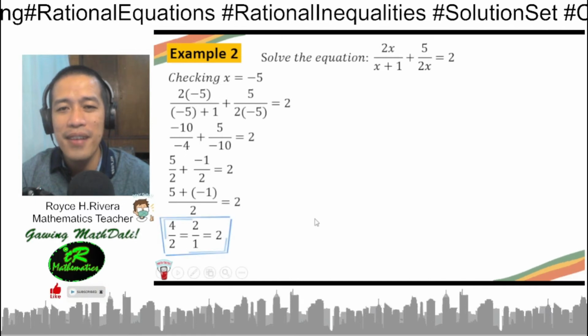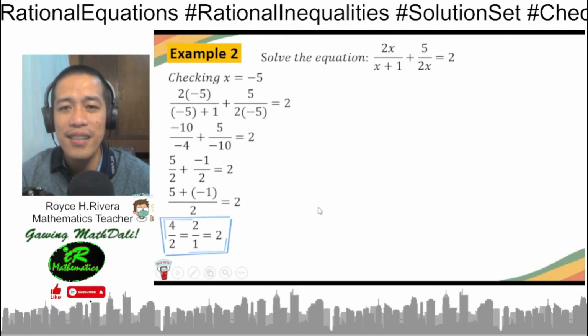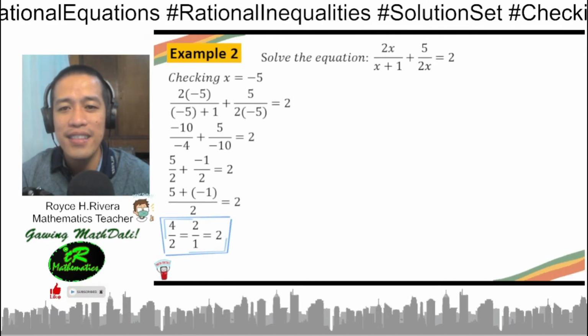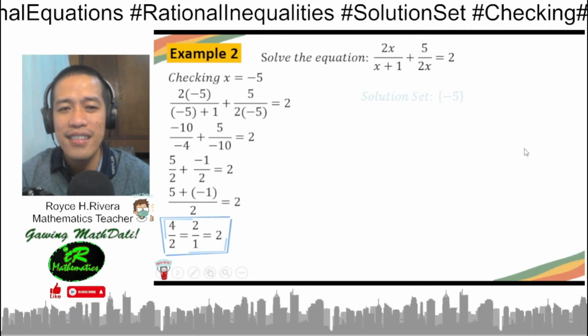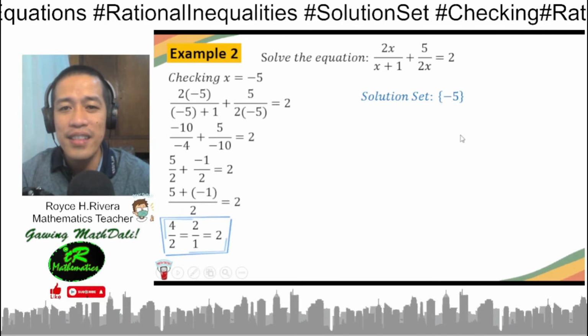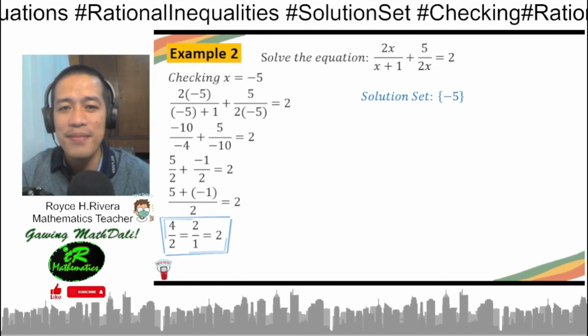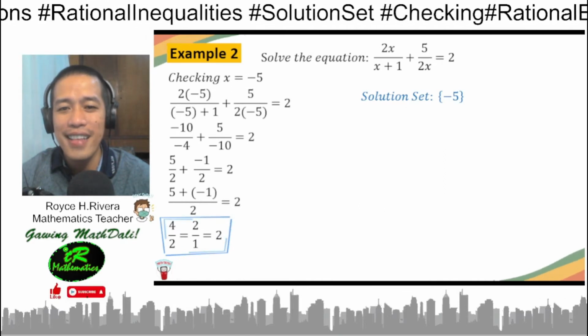So we have verified that indeed negative 5 is the value of x that will satisfy the equation. And for our solution set is the set that contain negative 5. Sana ay mas naunawaan at mas naintindihan.